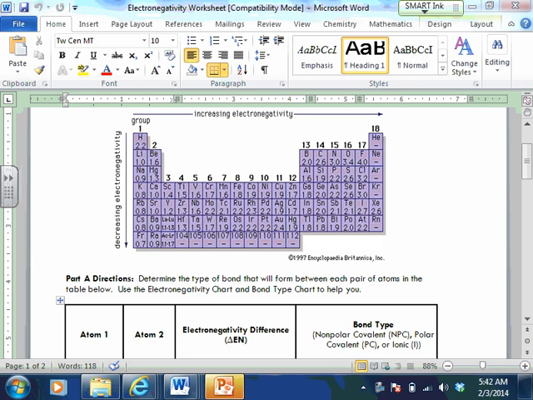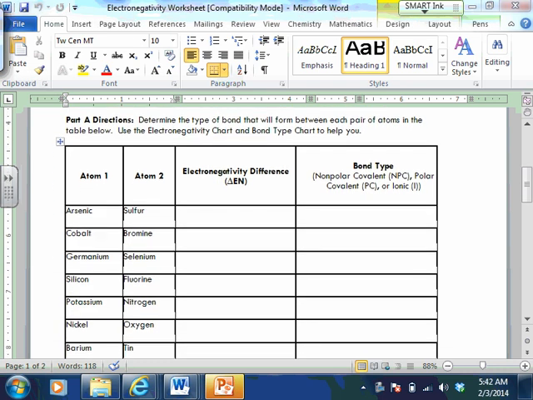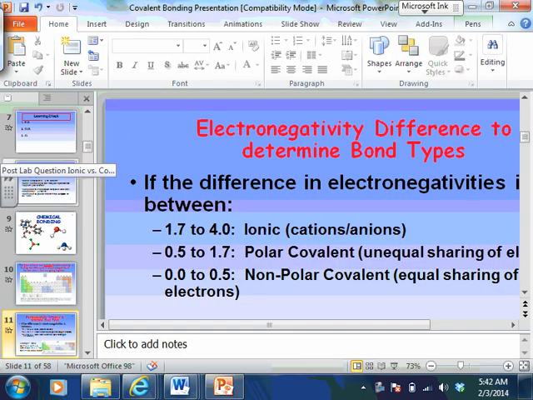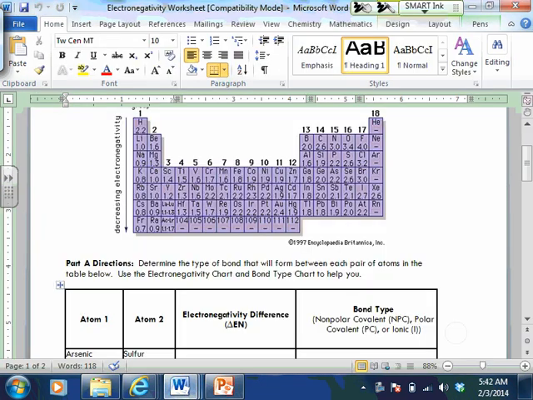So basically, what they want you to do on part A is determine the type of bond that's going to form between each pair of atoms. The first pair is arsenic and sulfur. All right, so I'm going to come back up here and find arsenic. Arsenic is 2.2.